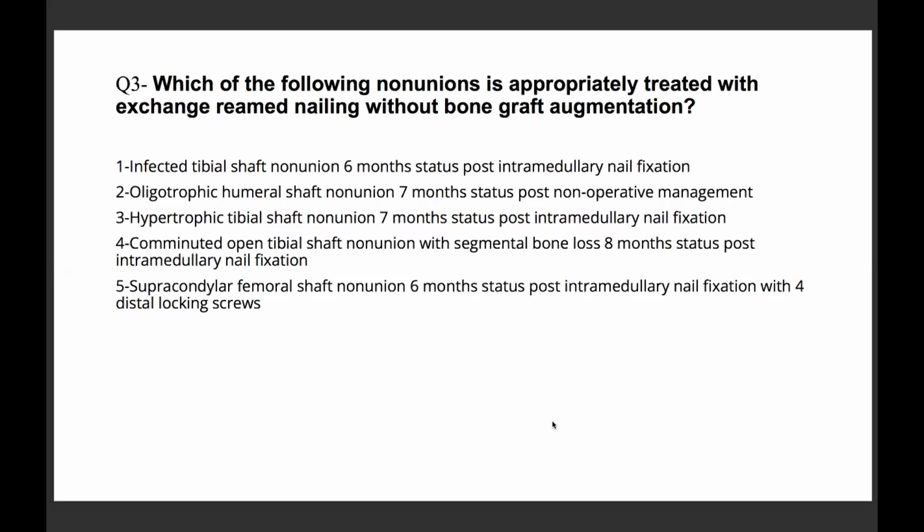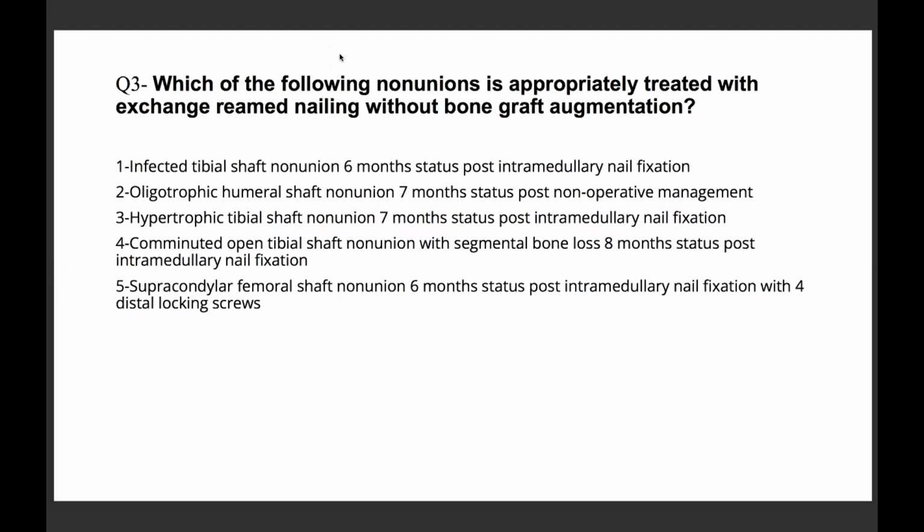So I guess you guys caught the agenda they're trying to push here. I think the idea was, which of these fractures has absolutely no chance of having biological factors as an issue? I think that's the more proper wording of the question, not adding or subtracting bone grafting. Which of these fractures has absolutely no chance, or is least likely, to have a biological issue? That is the hypertrophic one.